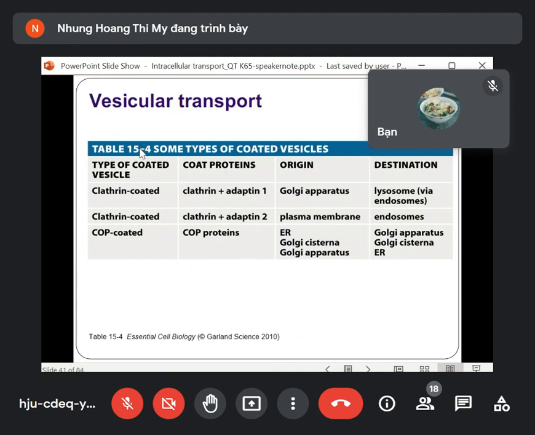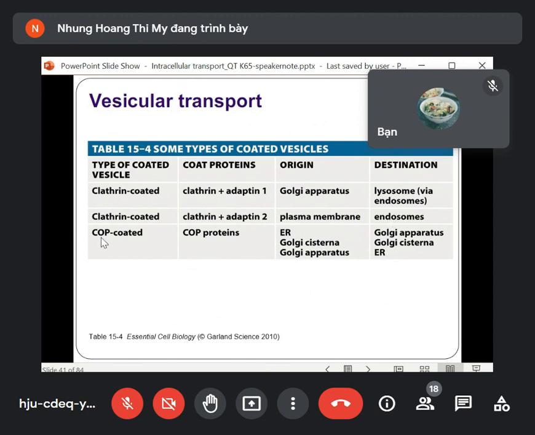Here in the table, it explains some types of coated vesicles. Clathrin-coated vesicles need clathrin with an adapter protein like adaptin, and they can go from the Golgi apparatus to the lysosome, to the plasma membrane, and from the plasma membrane to the endosome.